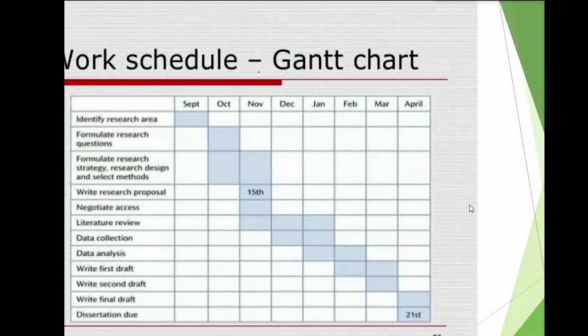So you can see here a Gantt chart is shown, which I have taken from the internet, identifying research area. Let us say you are doing it over September. You have research questions, and that you do in October, and formulate research strategy, research design, and select methods.